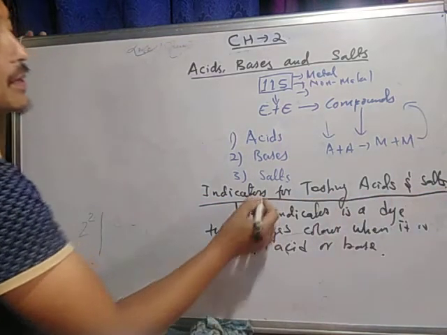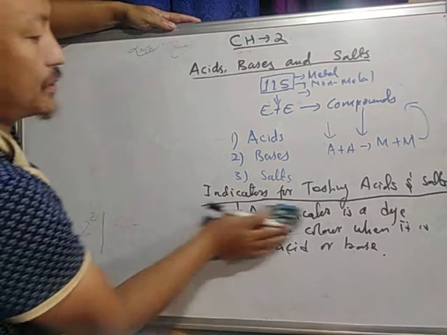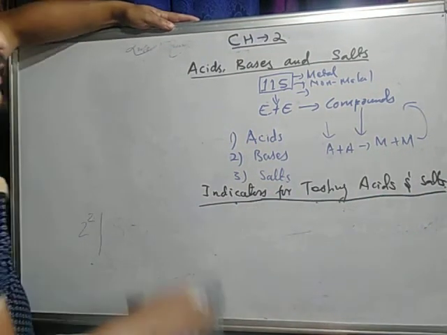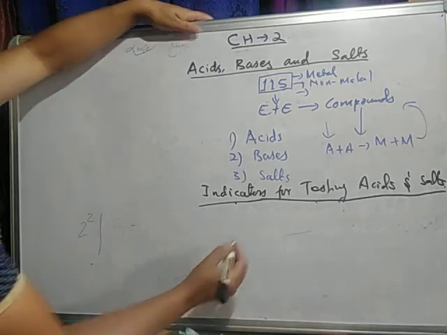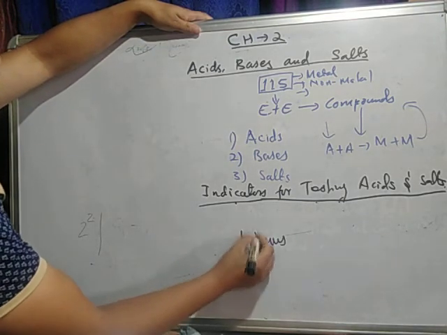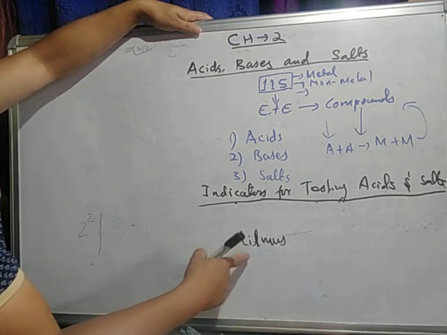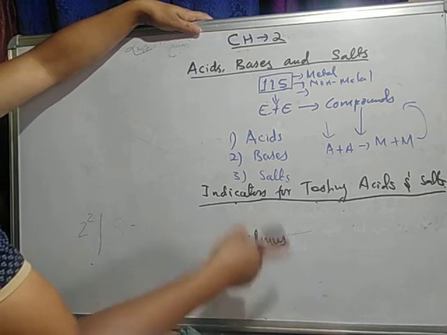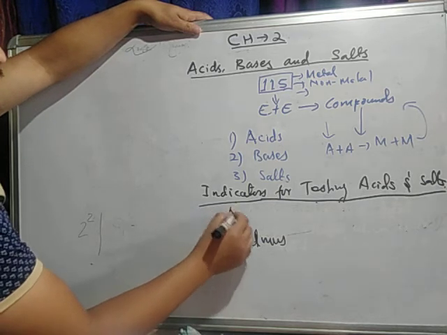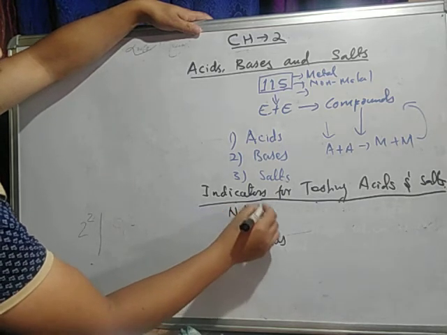The most commonly used indicator is litmus, litmus paper. Litmus is a paper, or you will get liquid also. Litmus is a natural indicator.